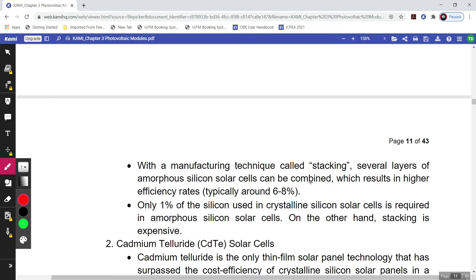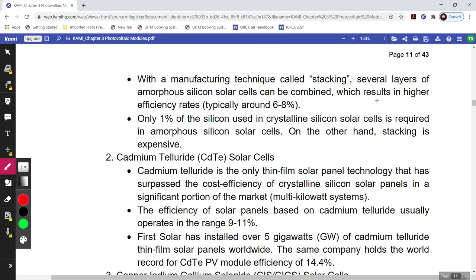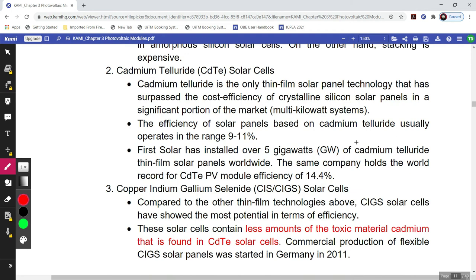With a manufacturing technique called stacking, several layers of amorphous silicon solar cell can be combined, which results in a higher efficiency rate, typically around 6 to 8%. Only 1% of the silicon used in the crystalline silicon solar cell is required in amorphous silicon solar cell. On the other hand, stacking is expensive.